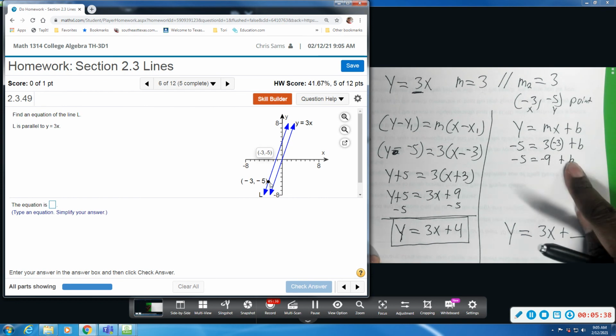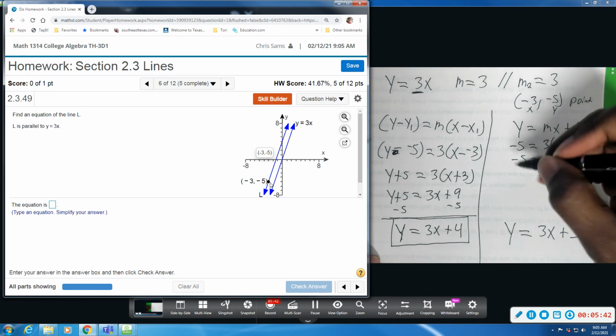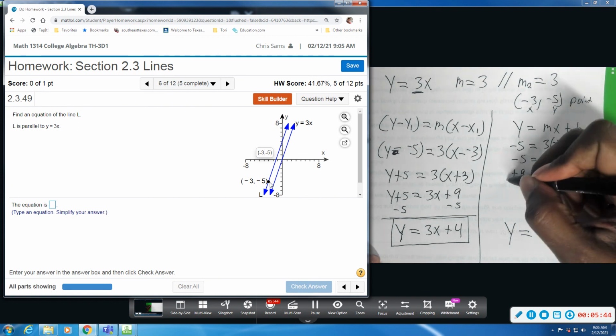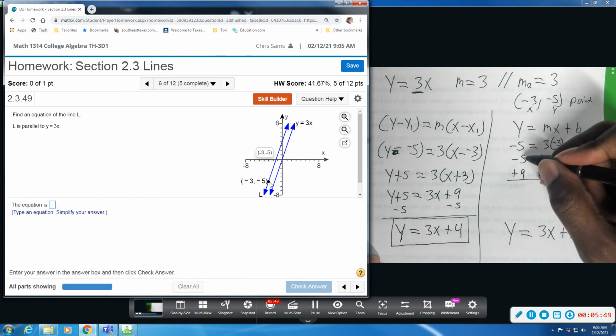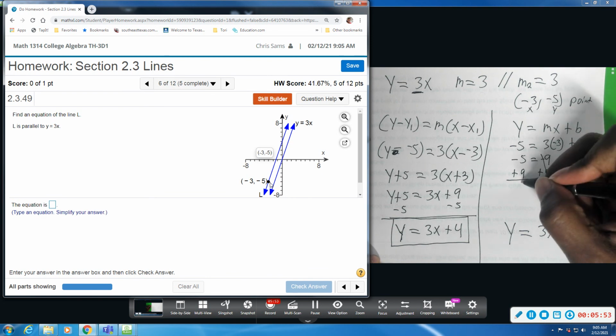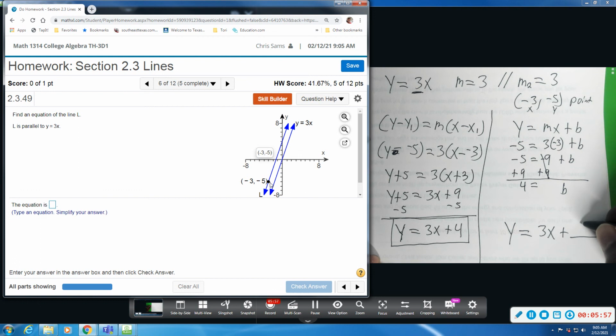And then to solve for b, you would add 9 to both sides. Bring down b, that goes to 0, and when we combine, we actually subtract, and that gives us a +4. So we can see that b, our y-intercept, is 4. You just put that there, and you have the same equation both ways.